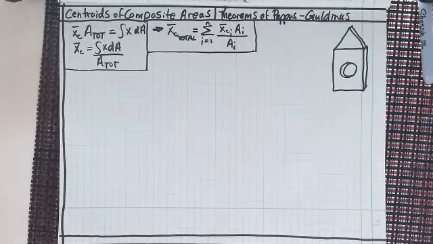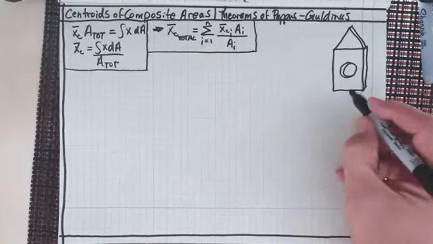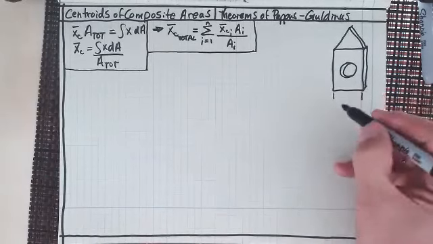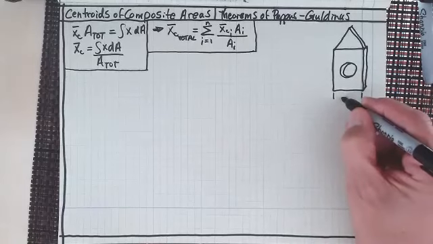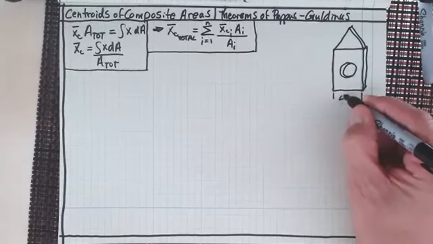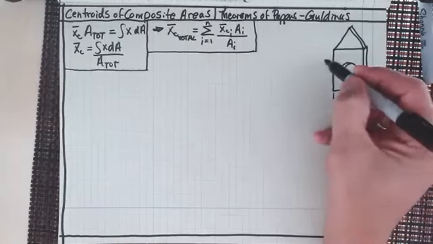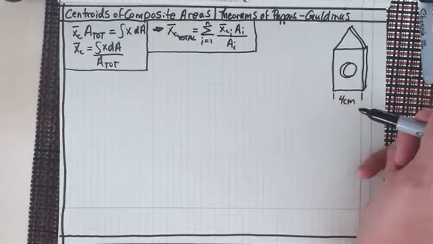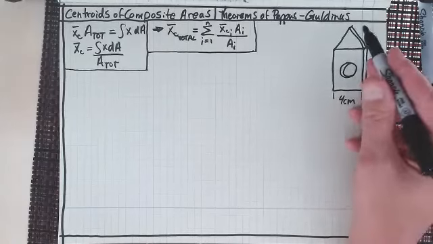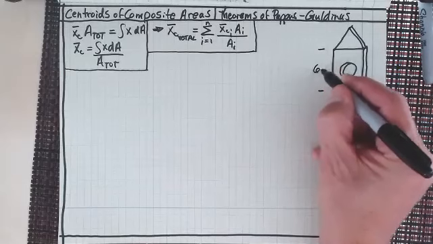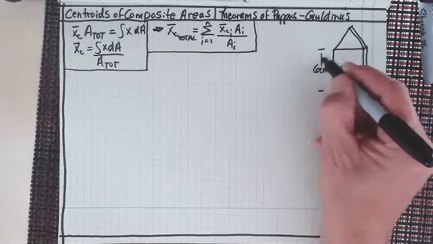I'm going to say that I could work in centimeters. Why don't I just do that? Let's say that this is just a small piece of steel that we've machined up. It's 4 centimeters, and then it's going to be 9 centimeters long, but the distance from here to here is going to be 6 centimeters.